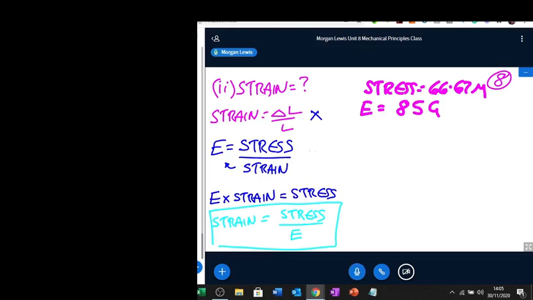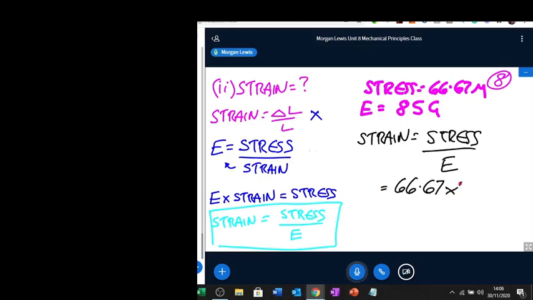We know that strain is stress over E. So stress is 66.67 times 10 to the 6, all divided by E, which is 85 times 10 to the 9.